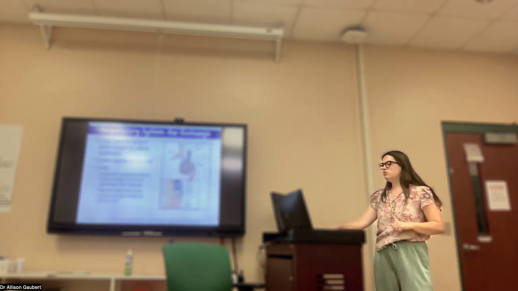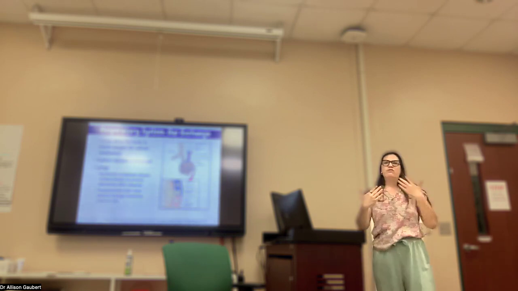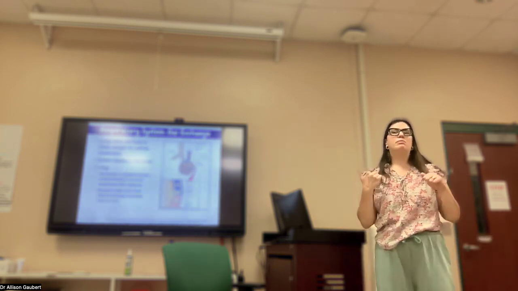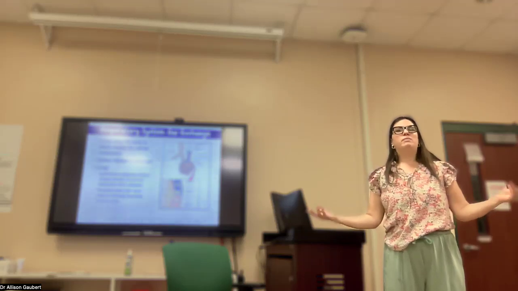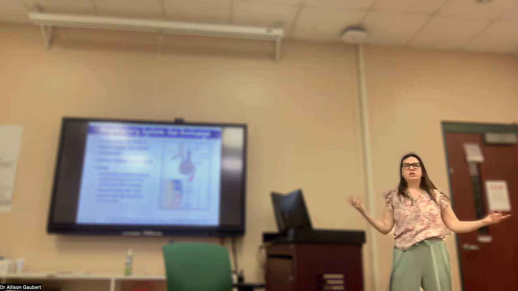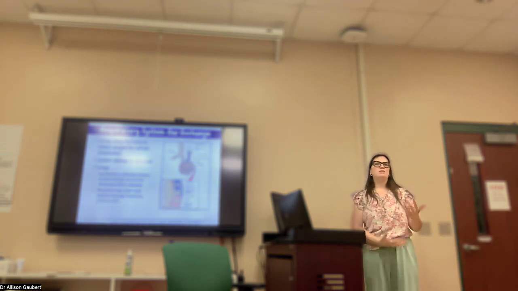If we have issues with that function, then we have issues with exchanging carbon dioxide for oxygen, which means we would have carbon dioxide build up in the blood, which can lead to acid-base imbalances. We talked about that at the beginning of last semester, so all of this comes back into play.